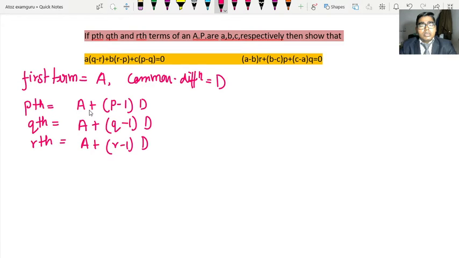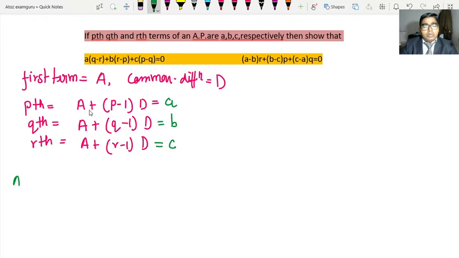So friends, we have to put the value of the pth term as A, the qth term as B, and the rth term as C. In the identity which we have to prove, at the place of A we put this, at the place of B we put this, and at the place of C we put this, and see what result we obtain.